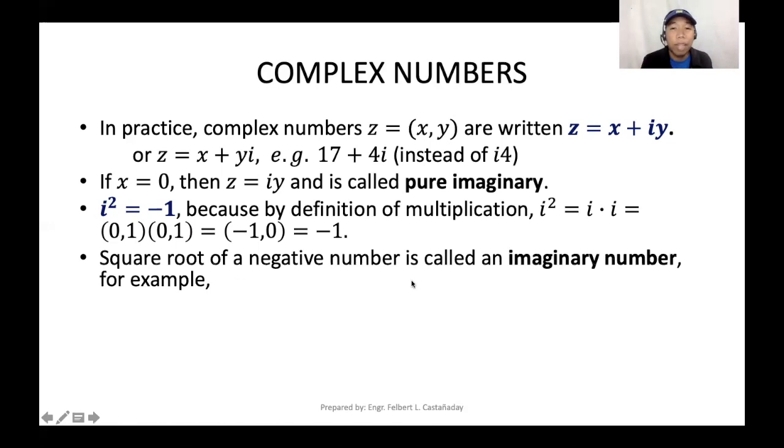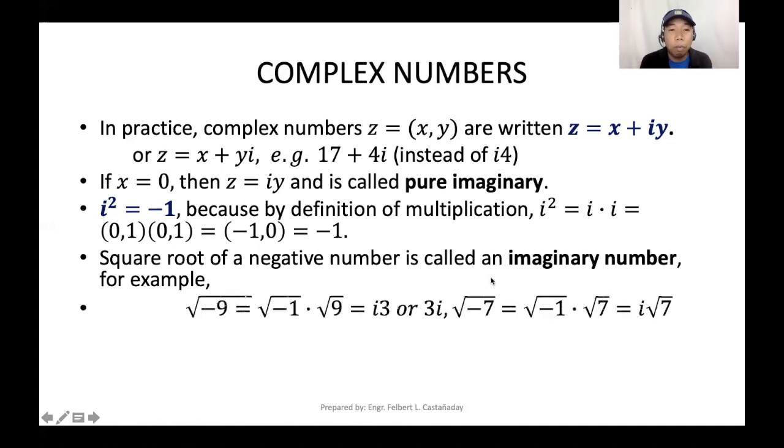Now the square root of a negative number is called an imaginary number. For example, the square root of -9. If you factor this, we have the square root of -1 times the square root of 9. You know that the square root of -1 is i, and the square root of 9 is 3.